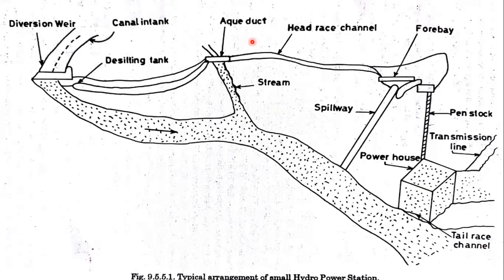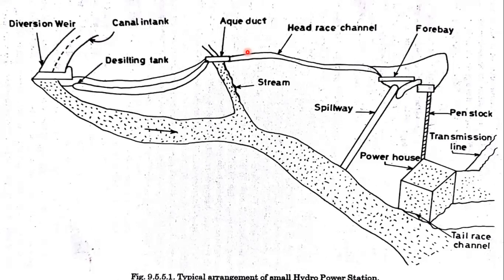For small hydro stations, usually solid boulder structures and trench type weirs are employed. Trench type is suitable where rock is not available in the riverbed, and boulder type is preferred if boulders are available in the river and rock is encountered in the riverbed at 1 meter depth.